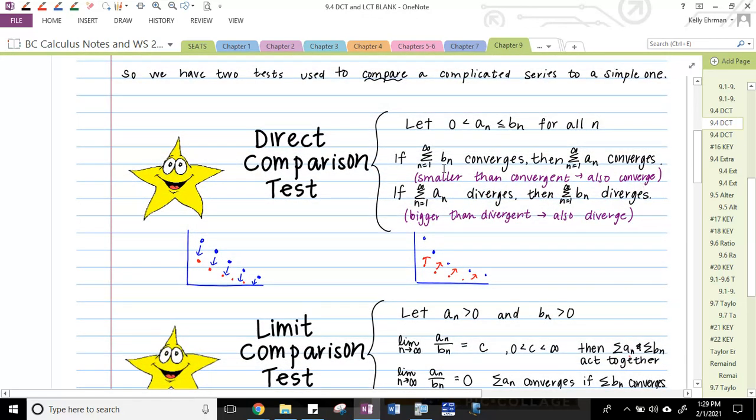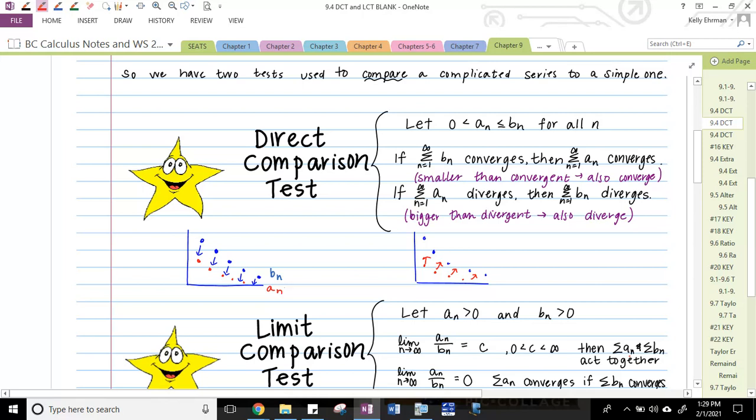All right, so if the larger series converges, then the smaller series converges. Remember we had this visual? Let's put labels here. This is a larger series. Red is a shorter series.